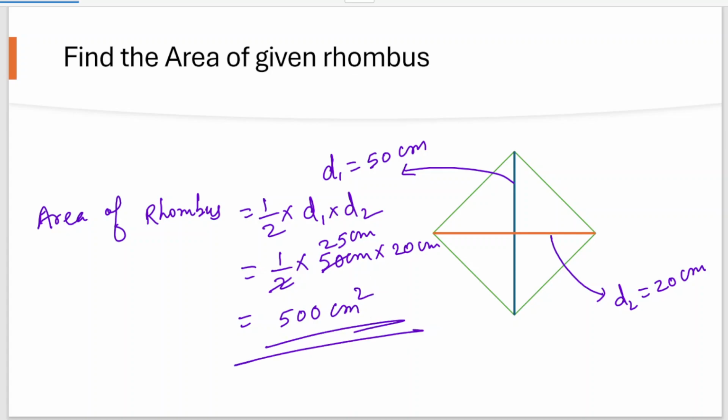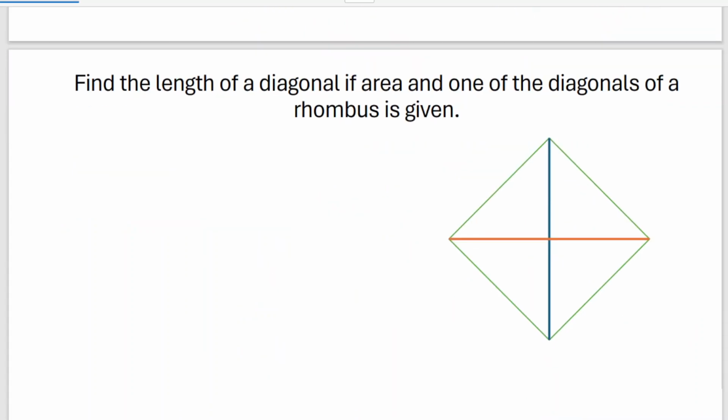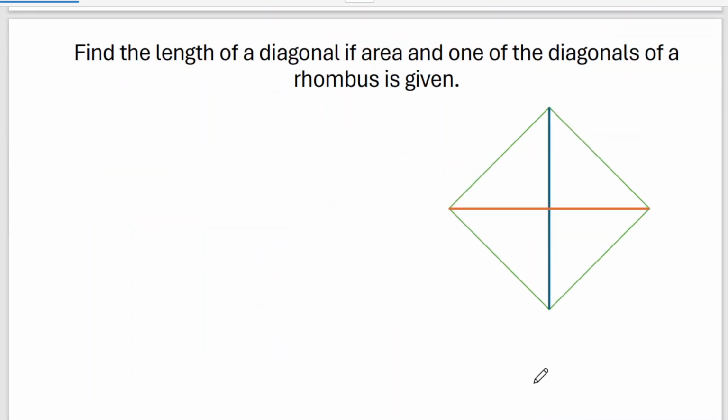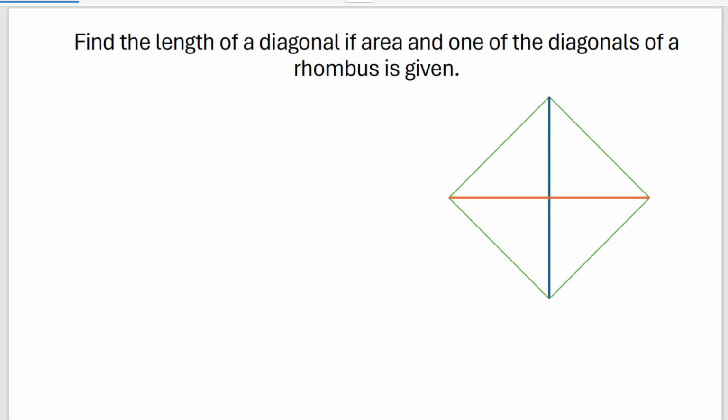Okay. Now next question. Find the length of a diagonal if area and one of the diagonals of a rhombus is given. Now, how will we solve the question if you know the area of any rhombus and length of one diagonal is given? Okay, so let me find the value.